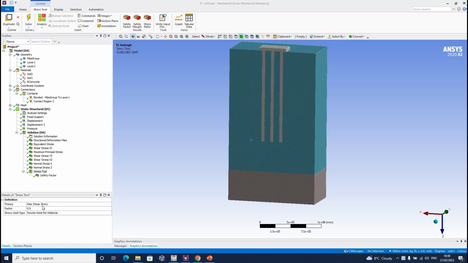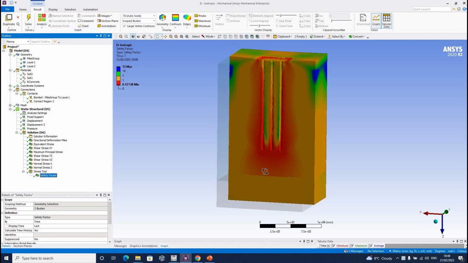So in terms of the maximum shear stress, if you calculate the safety factor it is not good, because basically the software is comparing the shear stresses with the tensile strengths of your material.